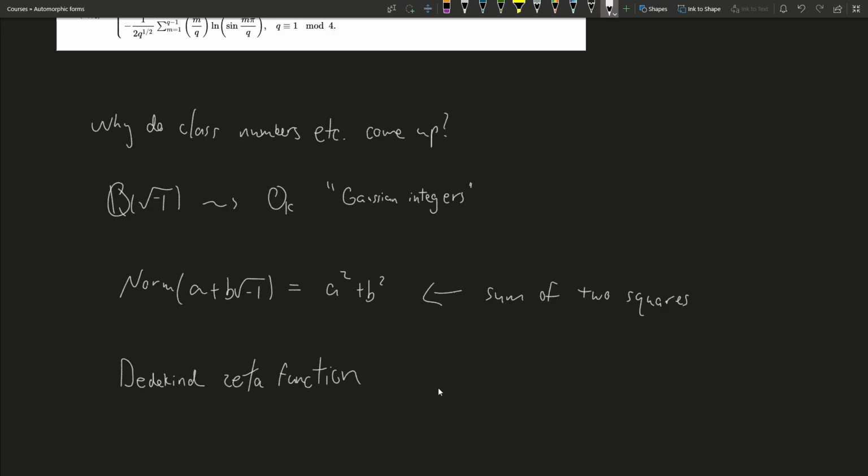So the Dedekind zeta function is the sum over the ideals in the ring of integers of 1 over the norm of the ideal to the s-th power.